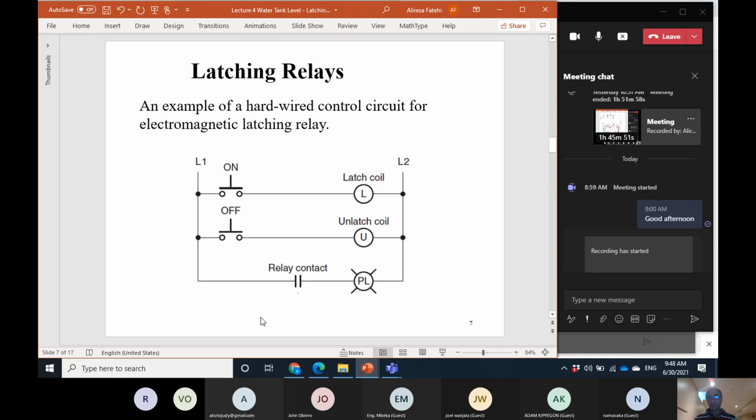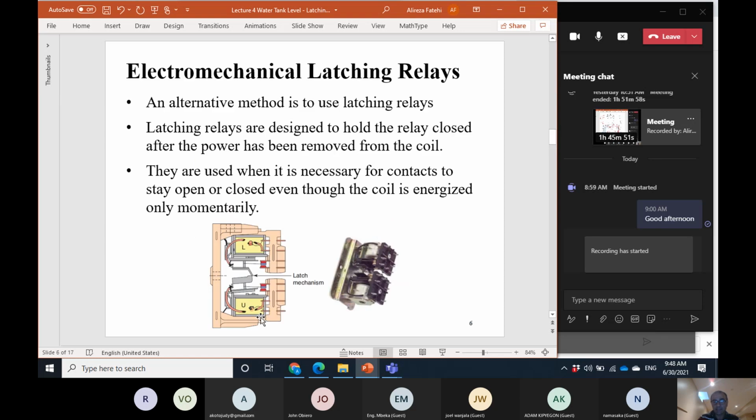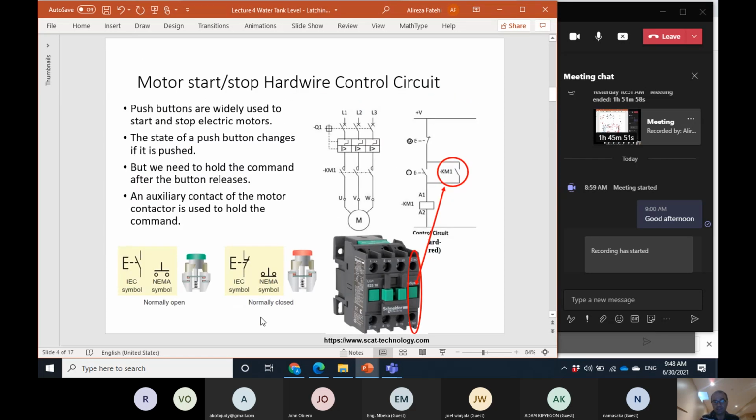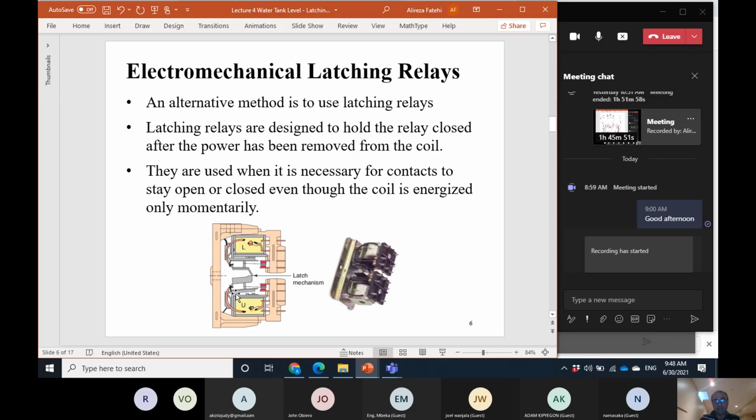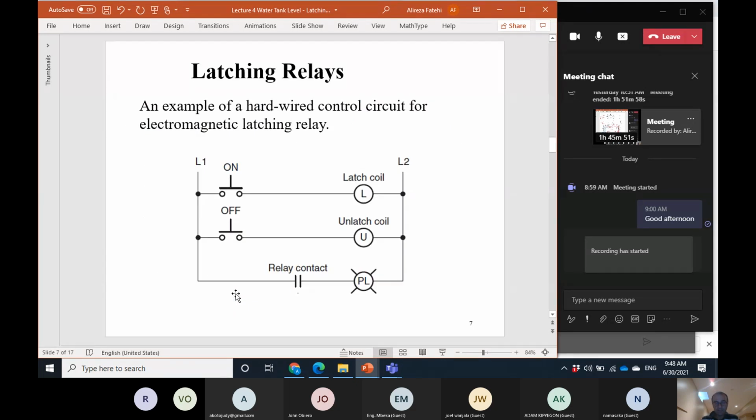So from the electric side, if you have this type of electromechanical contactor, this on-off start-stop circuit with self-holding is replaced by this circuit. We can have an on, or let's say start, and an off, or let's say stop.